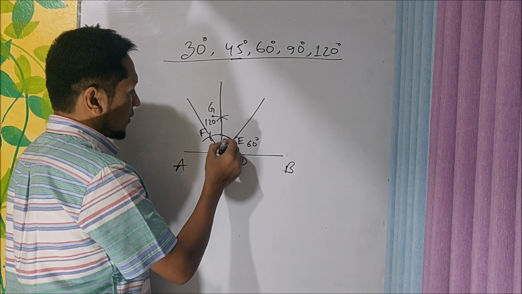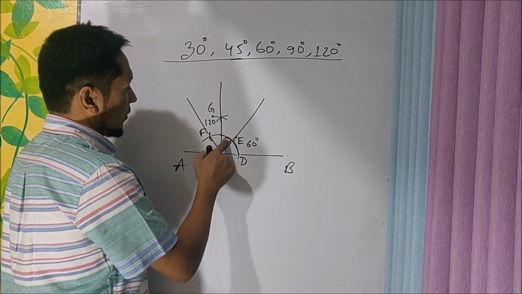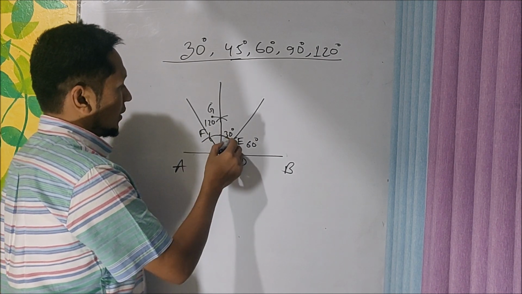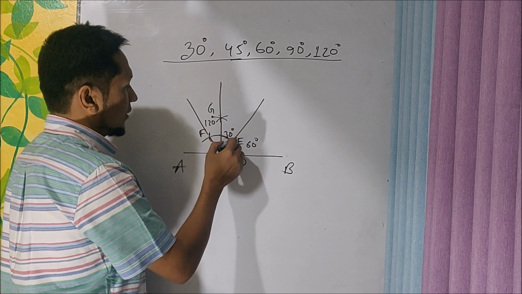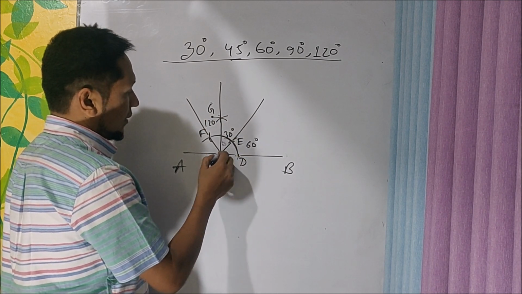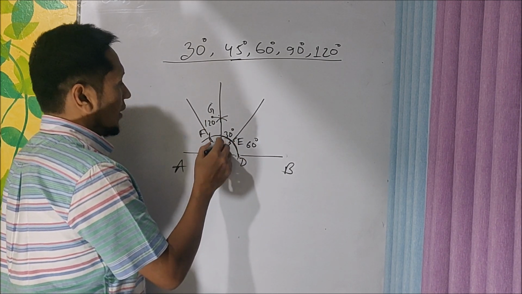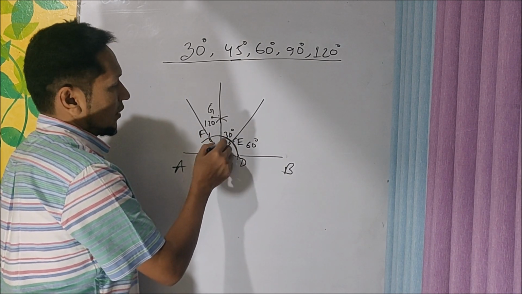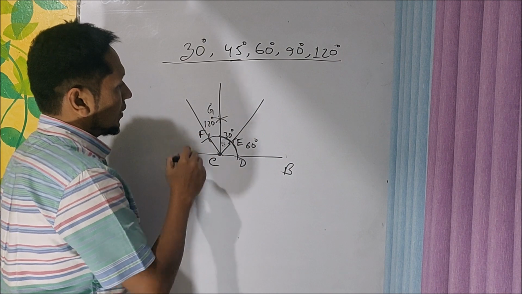This angle DCG is 30 degree, DCE will be 60, and DCF will be 120. So 30, 60, 120 have been drawn.